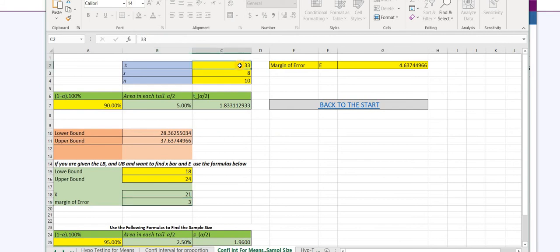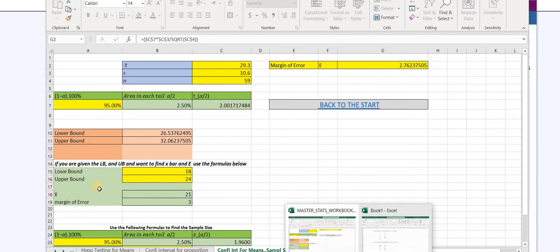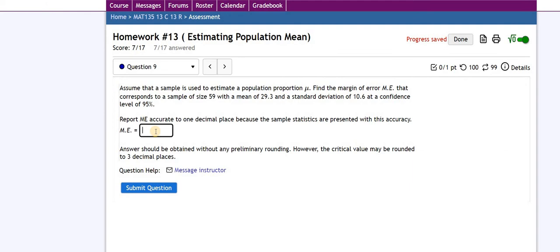I know that X bar is 29.3, S is 10.6, N is 59, and the level of confidence is 95. So here I need to compute the margin of error, rounded to 1 decimal. It looks like 2.8, so I'm just going to head to my homework and say 2.8.